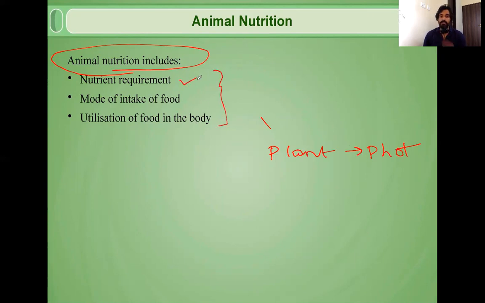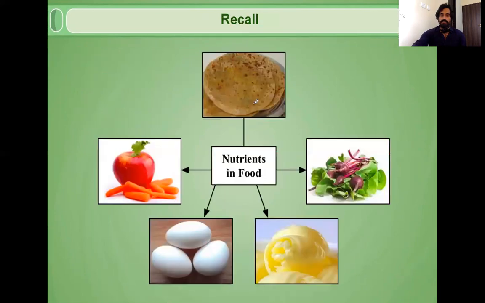So what is the need of nutrition requirement? So we'll study what is the mode of intake of food, how animals take food. Different animals have different ways of taking food, utilization of food in the body, and how the body utilizes that food. So this thing we have studied in class 6 itself.